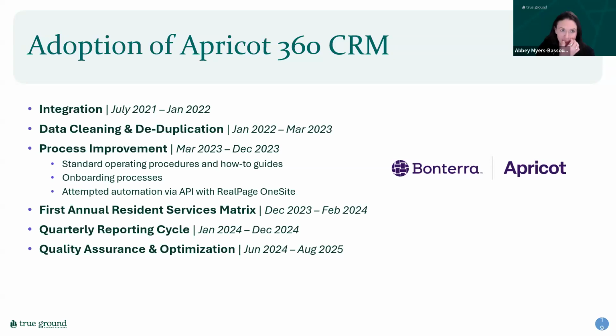What I found was that we had a lot of data quality issues underlying that we needed to solve, right? So I spent the better part of a year and some change doing a lot of data cleaning, deduplication, just getting that underlying database to be accurate and work for our coordinators. From there, we spent a lot of time doing process improvement.